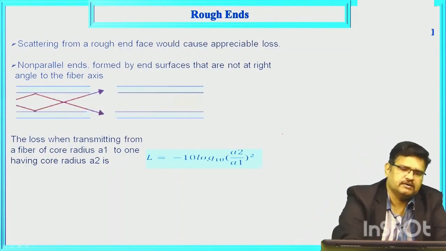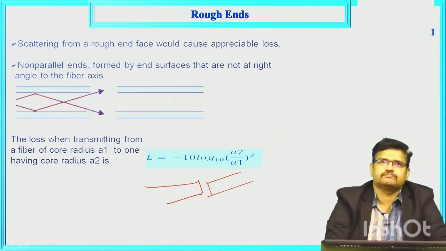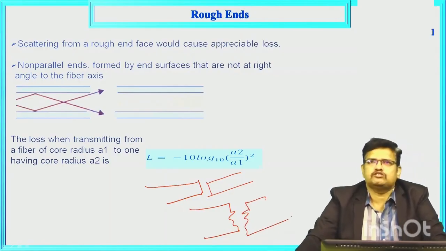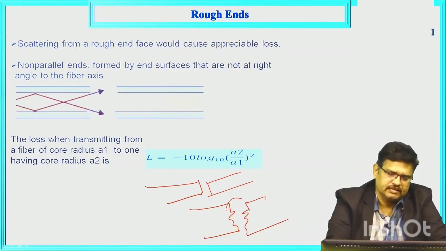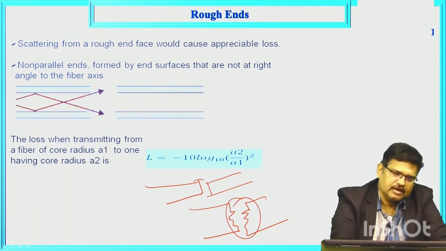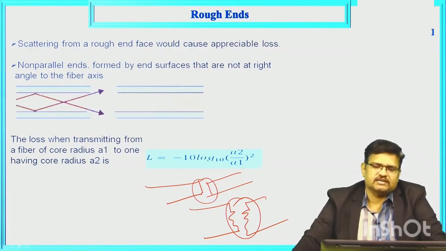If the fiber end is smooth, no problem, it will join. Suppose a fiber end is like this, we are unable to join the two fibers. So this is nothing but the rough end. We need to make a smooth end and then you can join, but in some cases, due to the rough end of the fiber, we are unable to join the fibers properly.